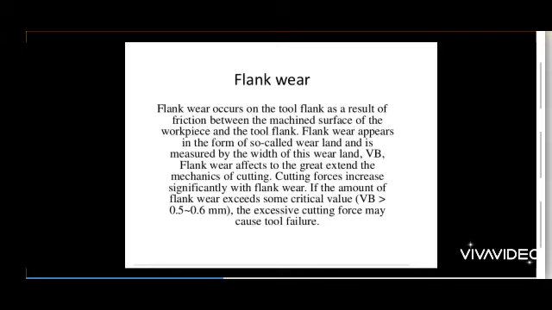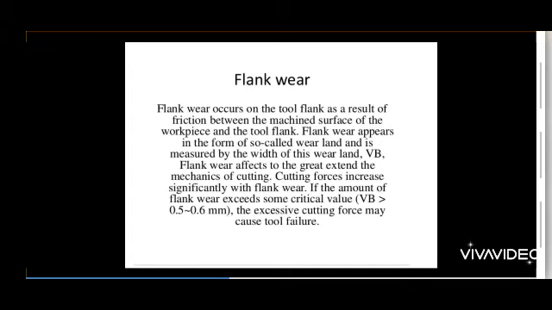We discussed types of chip, and in that we discussed continuous chip with built-up edge. When you are machining a strong material or alloy material, the built-up edge is formed. That built-up edge is not as smooth as the continuous chip. When the clearance face of the tool rubs against that built-up edge adhered to the finished surface, a portion of the built-up edge is carried away and a portion is left on the machined surface.